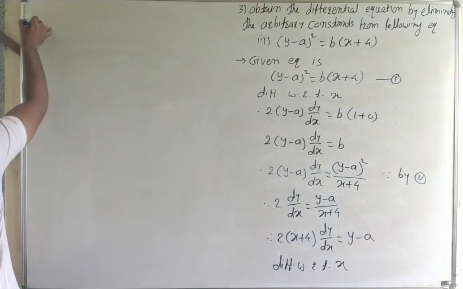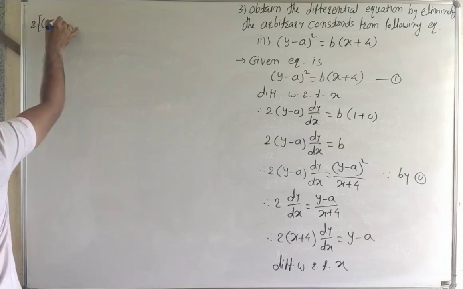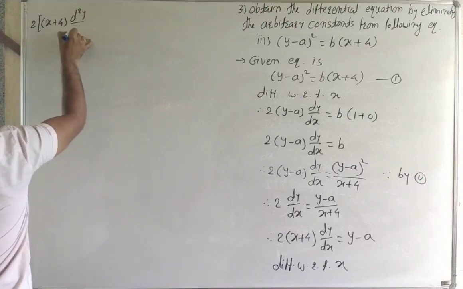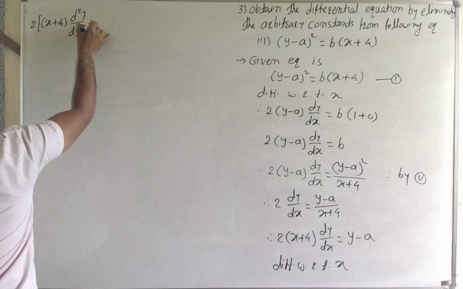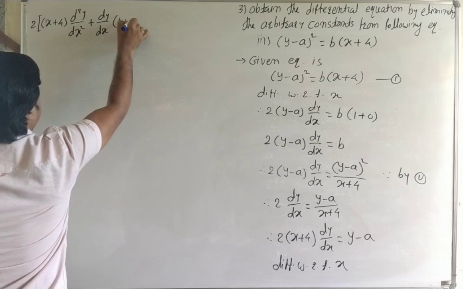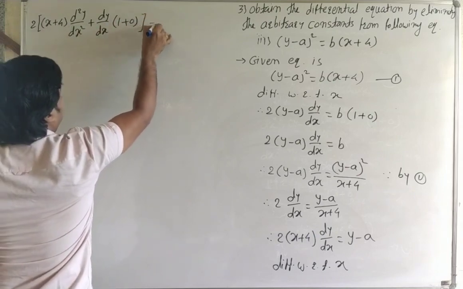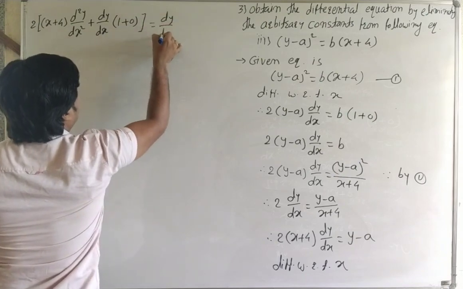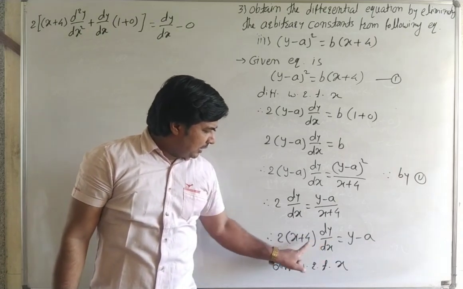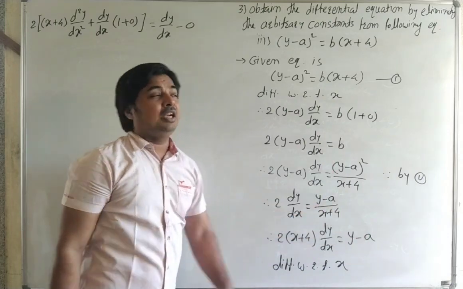Then 2 as it is, first function as it is, derivative of the second, it is d2y by dx2, plus second as it is, derivative of the first function, that is 1 plus 0, derivative of x is 1 and derivative of 4 is 0, is equal to dy by dx minus 0. Derivative of y is dy by dx, and derivative of a is 0.